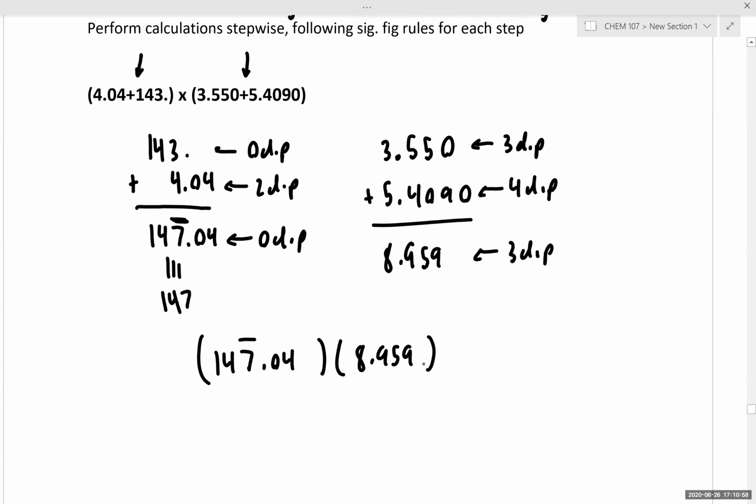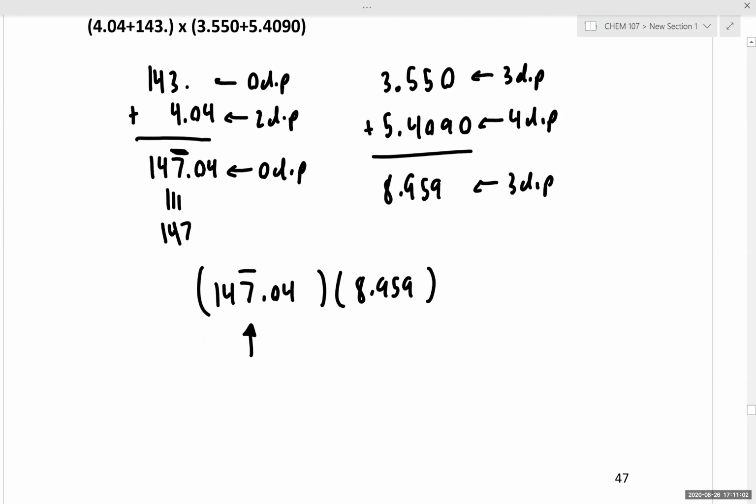My question to you is, how many significant digits does 147.04 have using bar notation, with the bar over the 7? How many significant digits does this number have? 3, yep. It has 3 significant figures because anything after the bar is not significant.